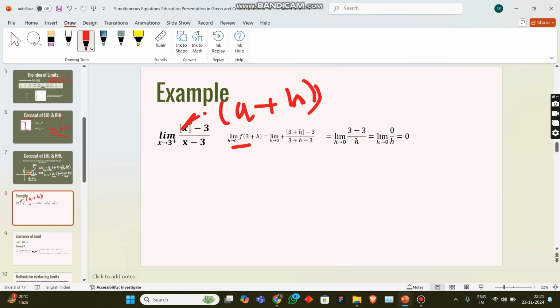If we replace it, then the box of x becomes box of 3 plus h, minus 3, by h. And we know that h is some value greater than 0, very very near to 0. From the definition of box x, box x equals 1 when x is from 1 to 2. So here it is almost 3.000 something, so it will return the value of 3. So here we have 3 minus 3 by h, which is 0 by h, which is 0.